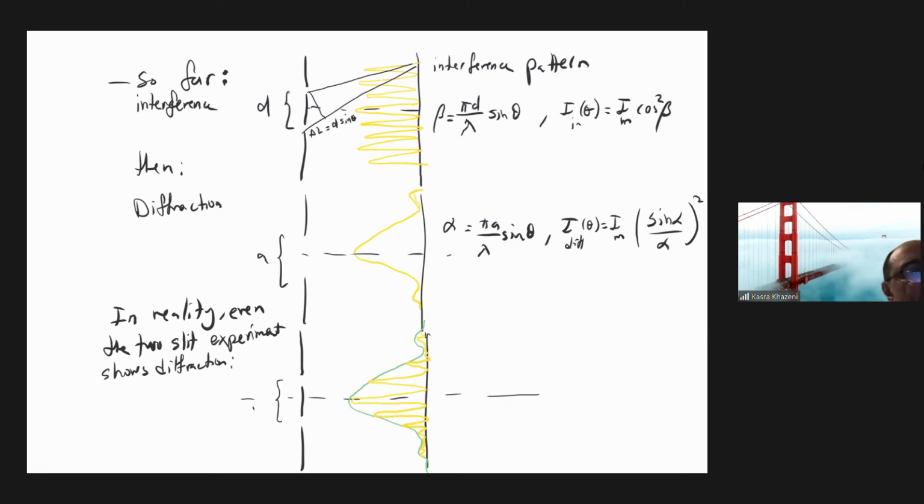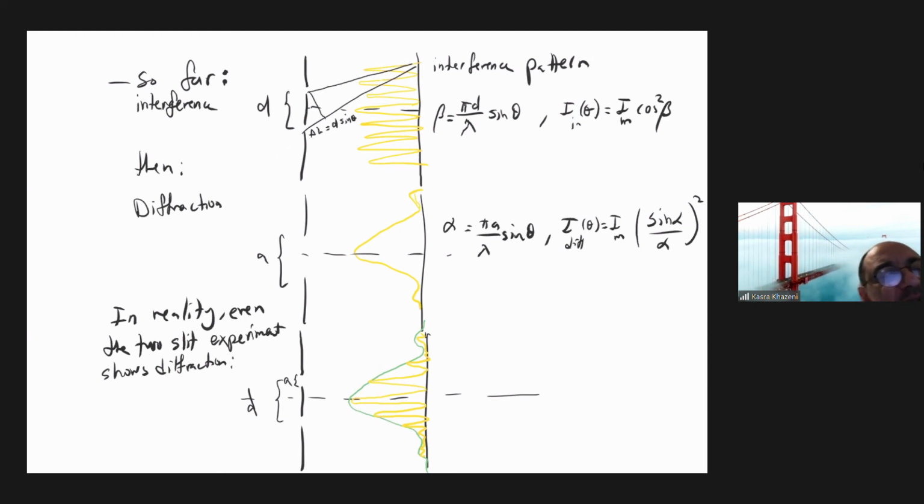The distance between the slits is d, and the opening is a. What happens is the diffraction is produced for each of those holes, and then there is interference on top of it due to having two of them. And so you will get a large envelope that's due to diffraction from one of those openings, and you then see an interference pattern inside that envelope that is due to the good old interference on top.